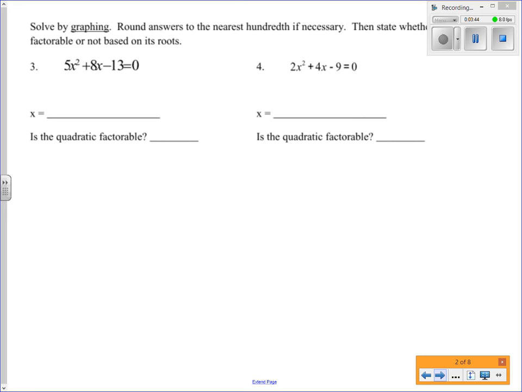Once you are there and you have that in, press graph. And from here, we're going to choose second trace. That will allow us to find the zeros. So second trace.